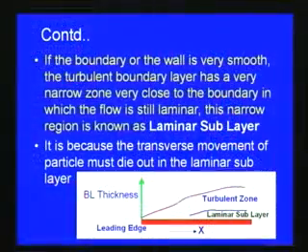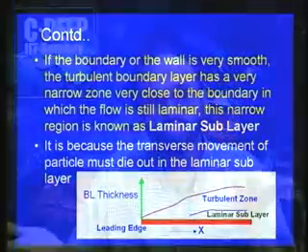So now we can say that if we consider the flow over a flat plate as we are discussing here, initially there is a laminar boundary layer, then a transition boundary layer, and then a turbulent boundary layer. But even for the turbulent boundary layer, we can identify a very small thickness of laminar sublayer.